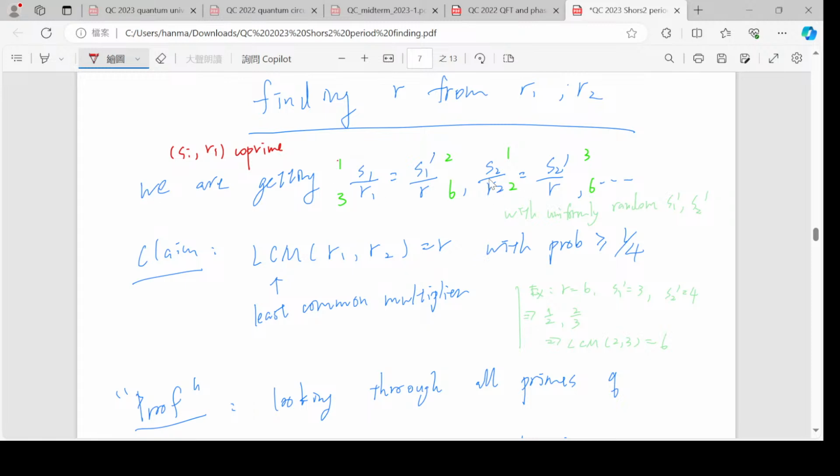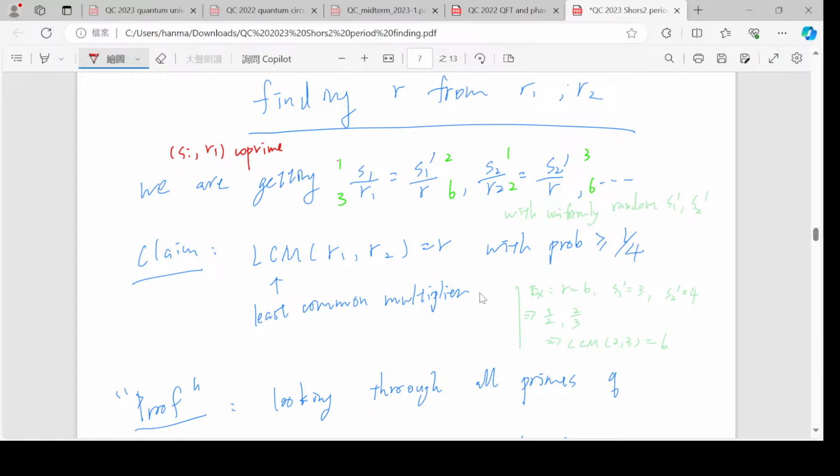And how do we find the R? The way we do this is we'll only take two of them and take the least common multiple, and you will have a pretty good, constant probability to get R. We just keep getting two of them, and each time we have 1/4 probability of success.